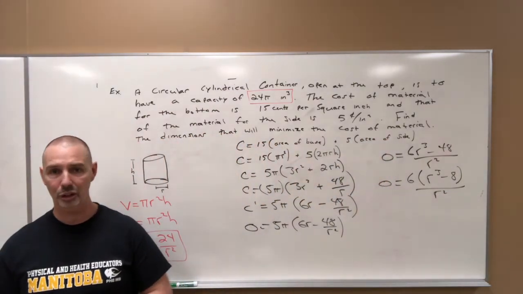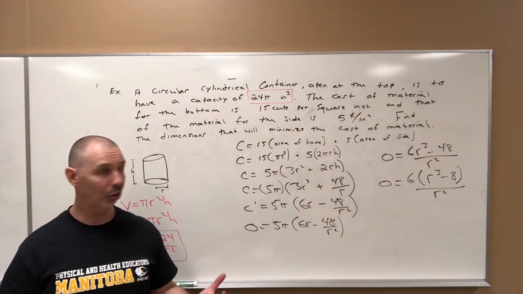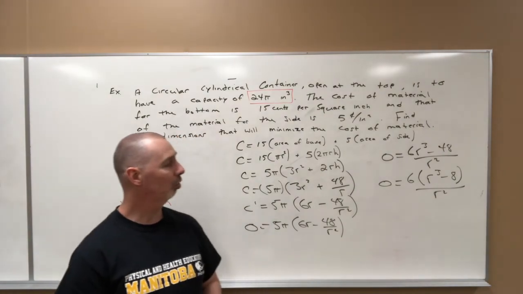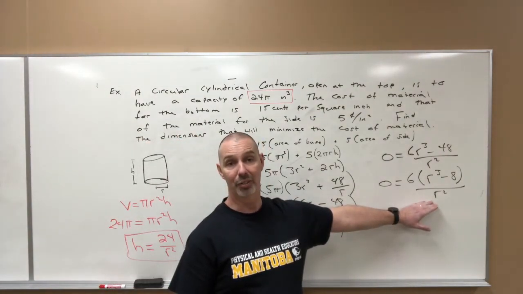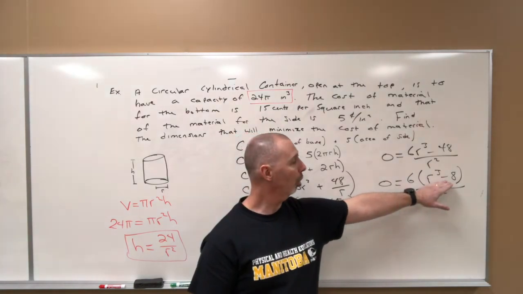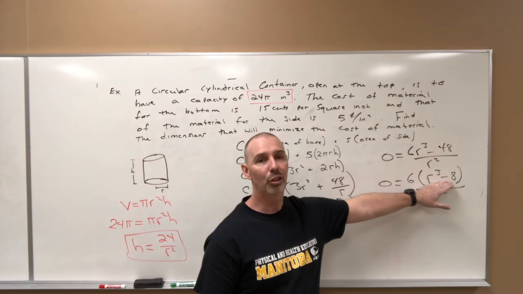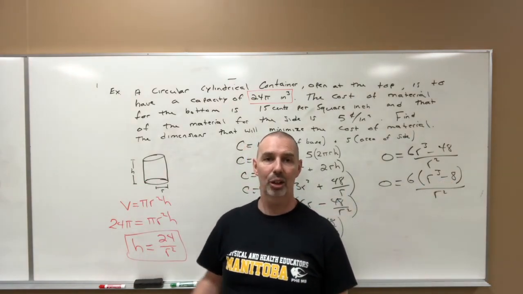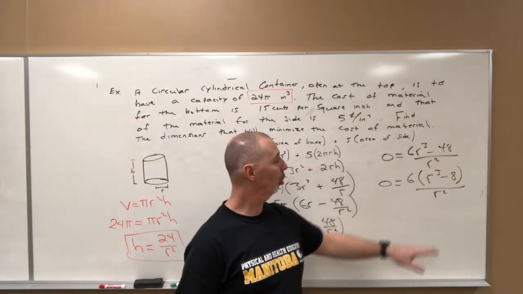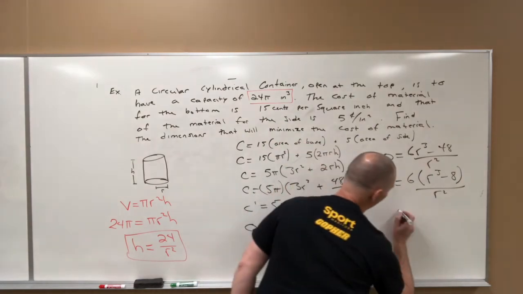Now, the critical numbers, again, are values of r in this case that will make this equal to 0. And so if we have this, we can see that the critical numbers are at 0, because 0 makes the derivative undefined, does not exist, or r will equal 2. And again, r can't equal 0 because it's not in the domain of our function. In order to have a container, it has to have an r that's greater than 0. So we're going to ignore the 0, but here r equals 2.